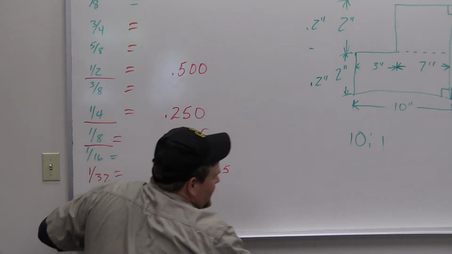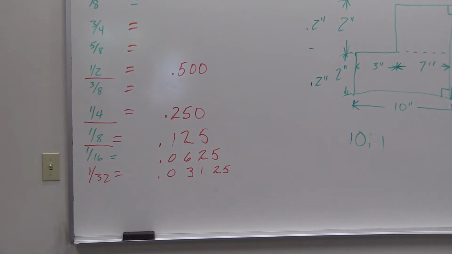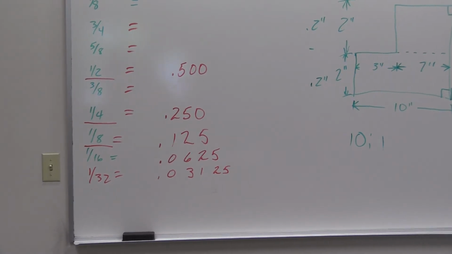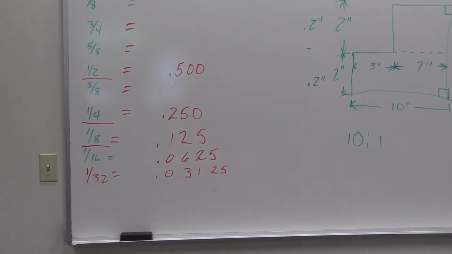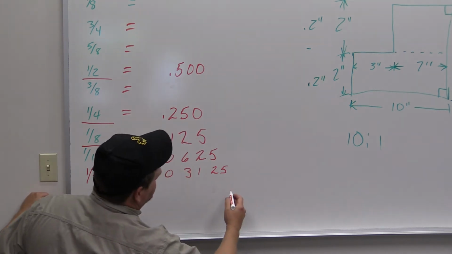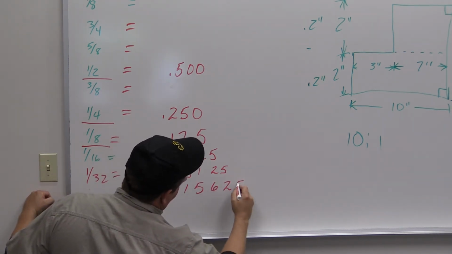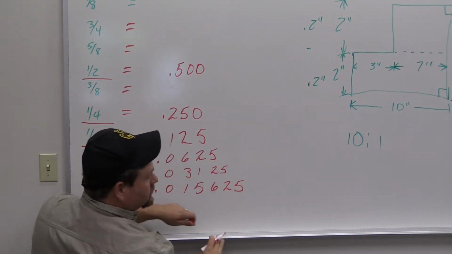Doesn't really work exactly the way I wanted it to on this. I want you to work through this on your own. You can look at 2.21, which was on page 69. So 0.015625. Okay.